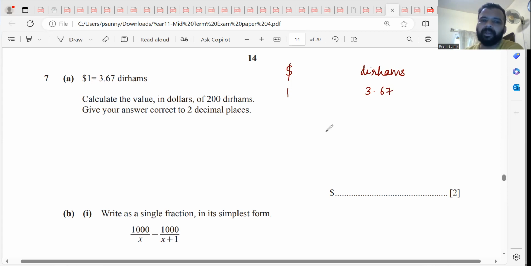Calculate the value in dollars. That means we need to find out the dollars that represent 200 dirhams. So for 200 dirhams, how much dollars will we get?